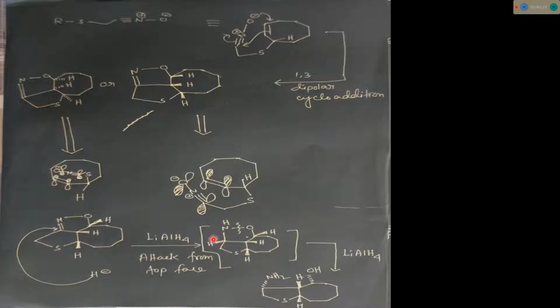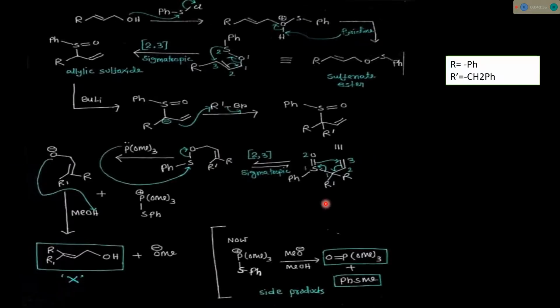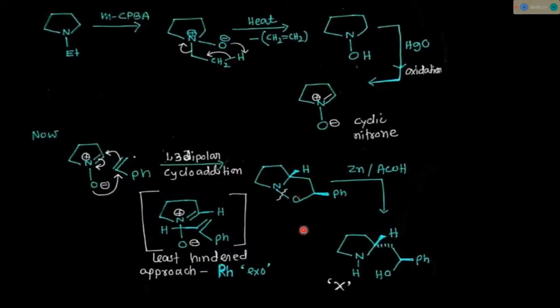In the last question they used lithium aluminum hydride for performing two reactions: one is attacking of the imine bond, and another is N-O bond breaking. But in the current case, we need only N-O bond breaking. That's why they use zinc and acetic acid. In this way you will learn so much about the use of reagents. So yeah, that is the product.